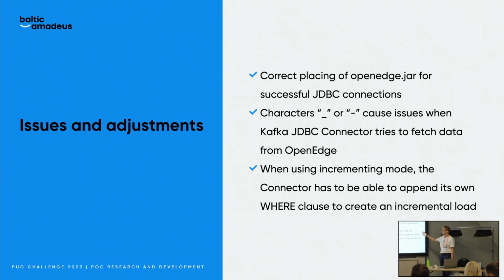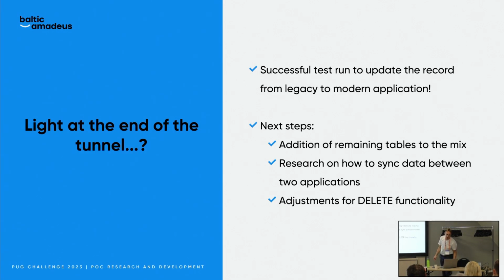But again, this was not an issue, just a neat little finding which we found out. Well, it looked like a light at the end of the tunnel. So we successfully did a test run to update the record from the legacy to the modern application.